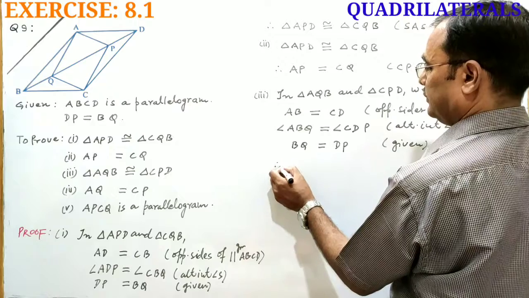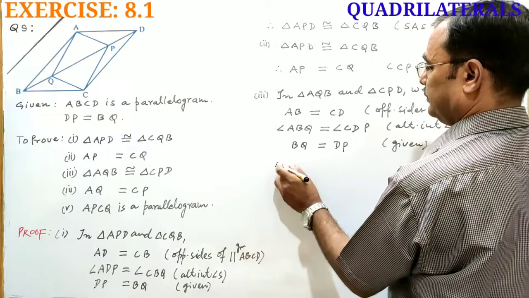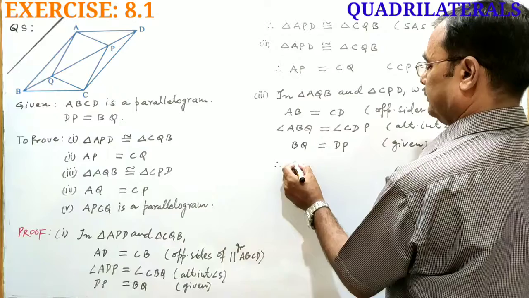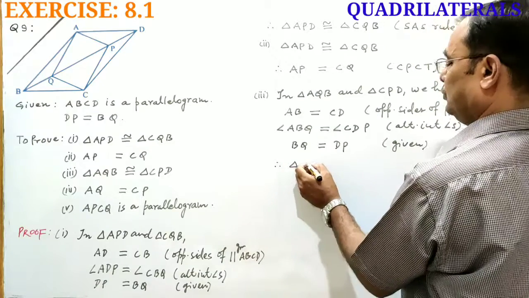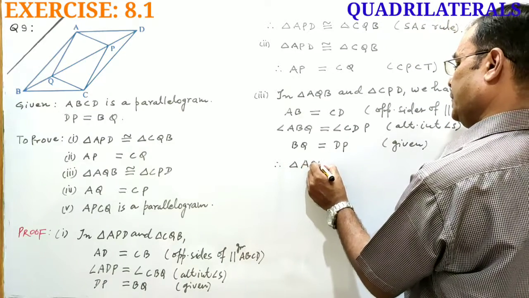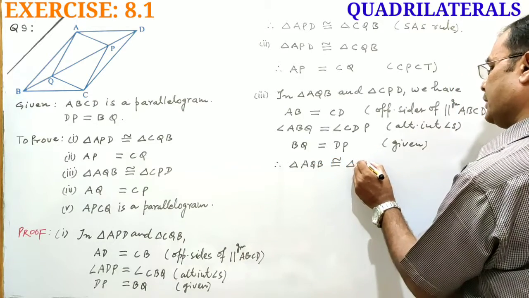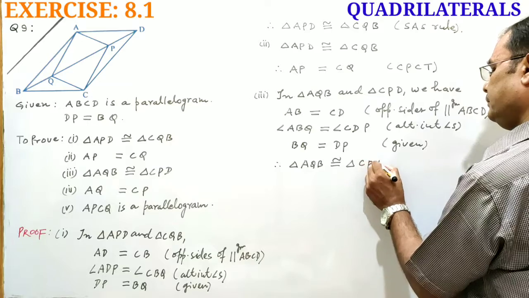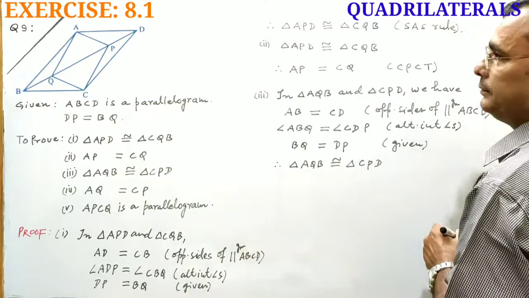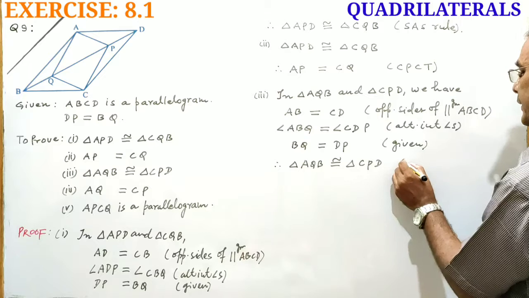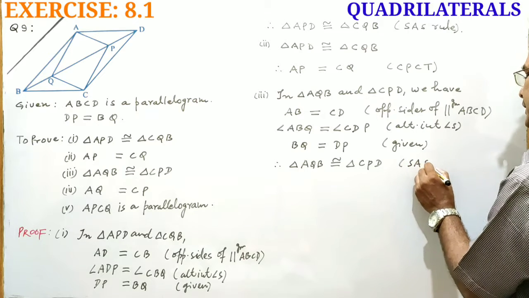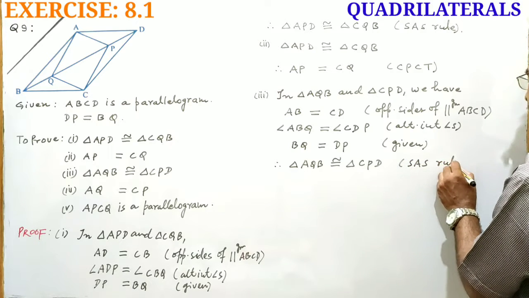Therefore, triangle AQB is congruent to triangle CPD by SAS congruence rule.